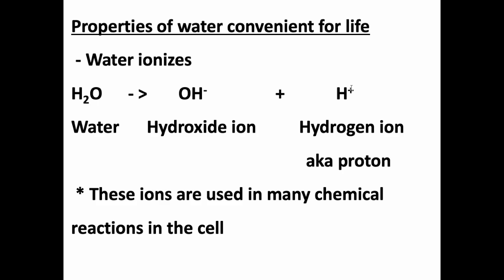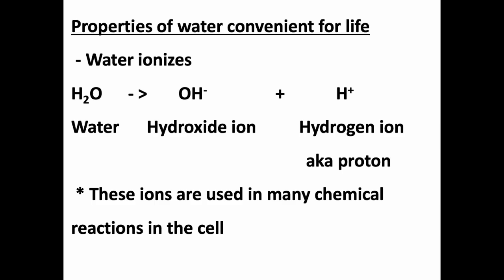So if you're sipping on a glass of water, most of that is H2O, but within any cup or puddle of water, there's going to be some amount of OH minus, which is called a hydroxide ion and is negatively charged, and there's going to be some amount of H plus in there as well. A hydrogen ion, also known as a proton.